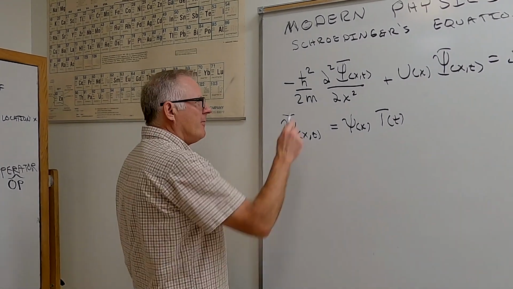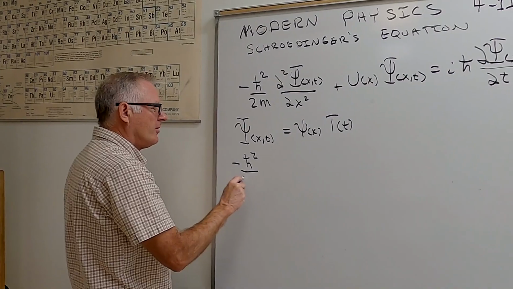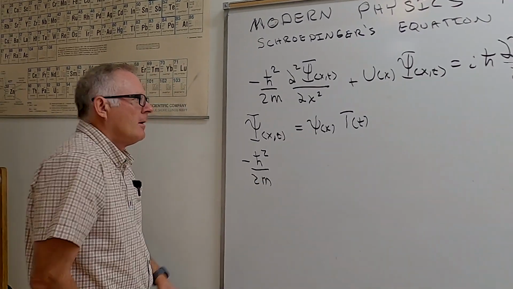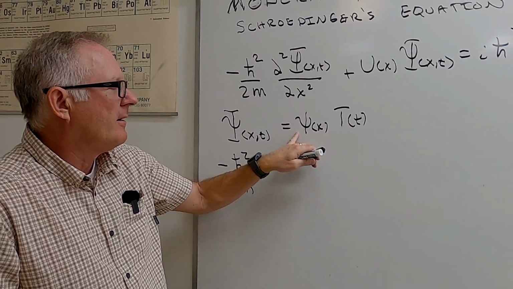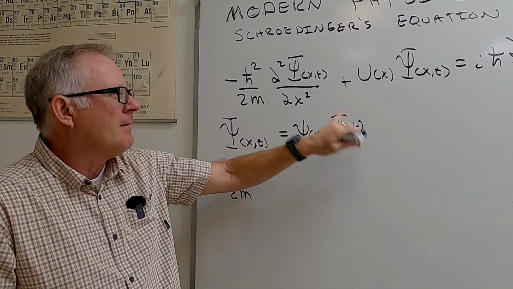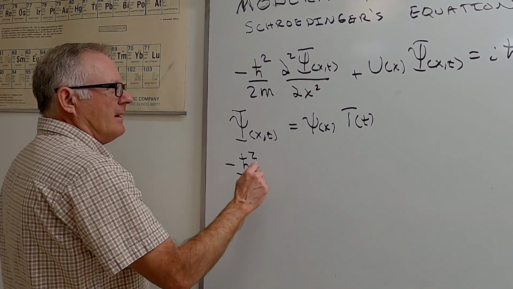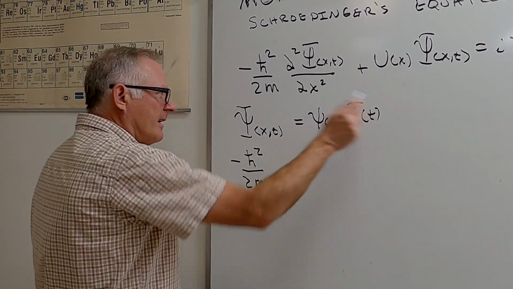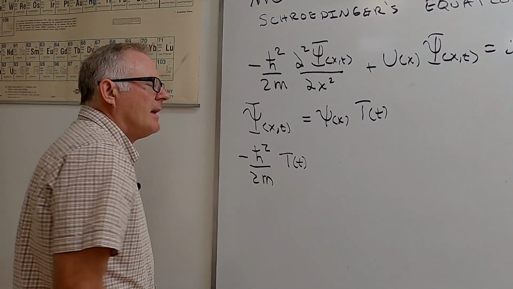If we do that, we start out with minus h bar squared over 2m. Now, if I take the derivative of this, I can pull the time part out in front because you're not taking the derivative with respect to time.